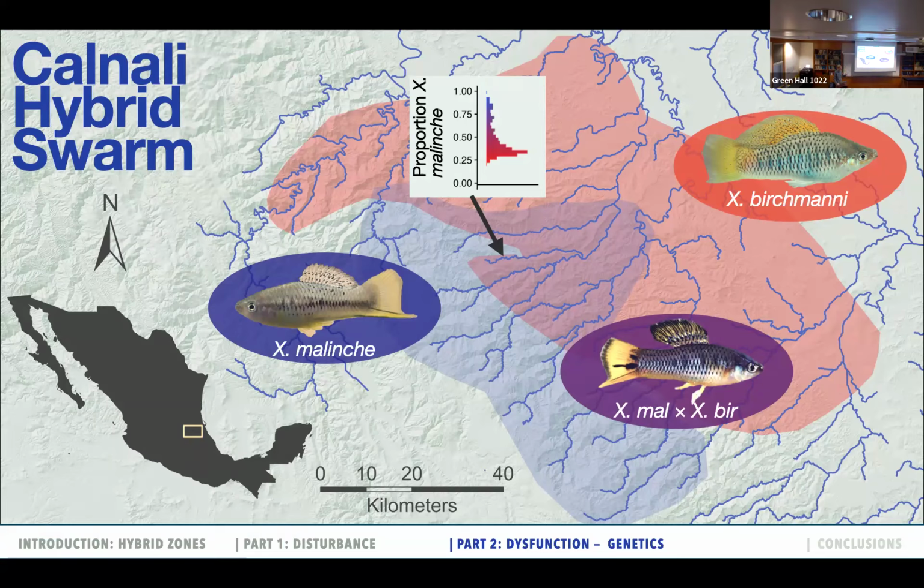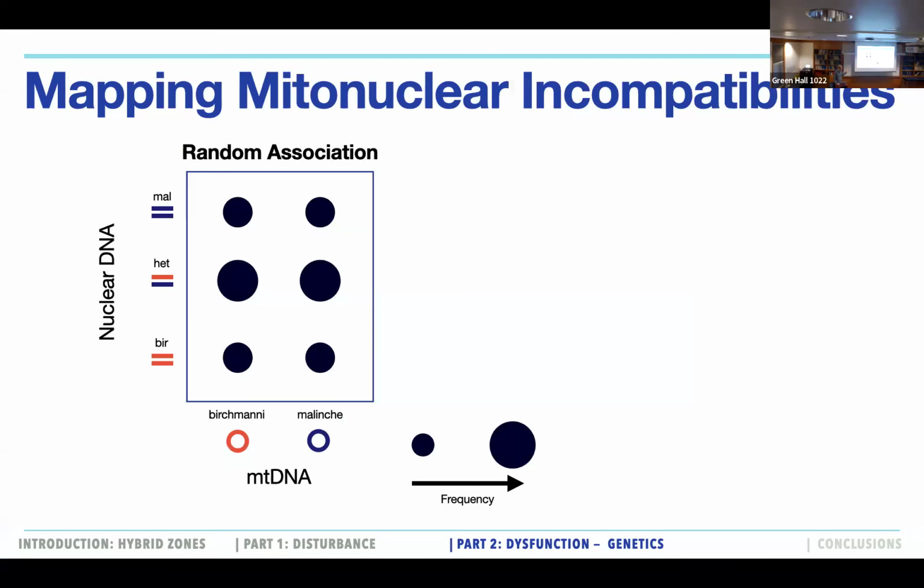So what we're doing here is like a sister analysis to the GWAS, except our phenotype that we're mapping is your mitochondrial ancestry. So we're looking at if you have in this population both the Birchmani mtDNA and the Malinche mtDNA are present, and we look at is there a statistical relationship or statistical difference in the frequencies of your genotype ancestry at a particular nuclear locus as a function of your mitochondrial DNA.